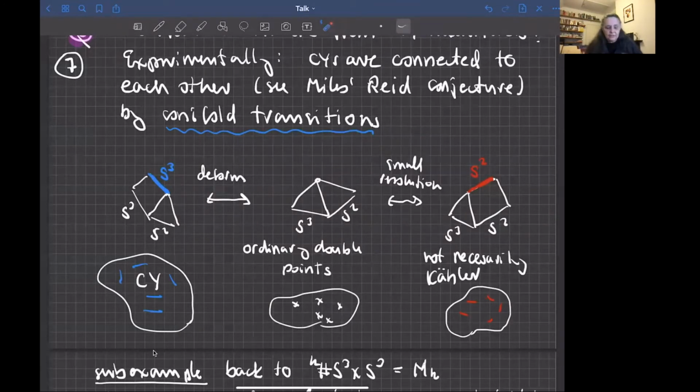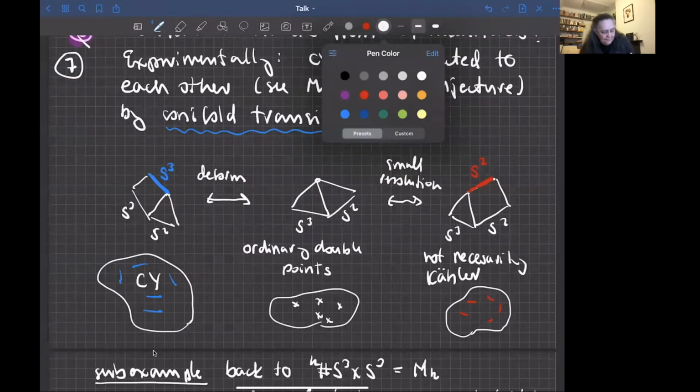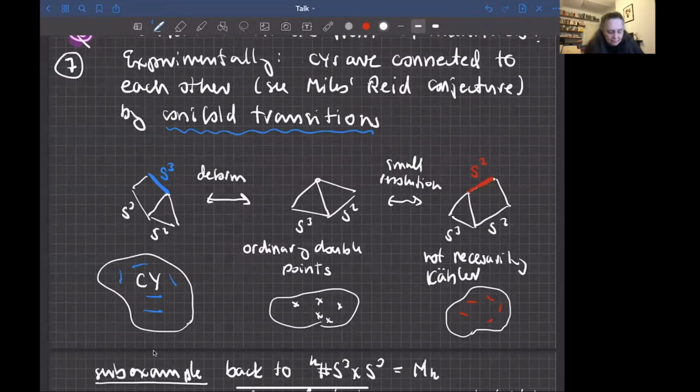Again, this is in Friedman's work, another reference that I might want to add. This fact that you get a balanced example is in Friedman's work on these transitions, right? These topology changing transitions.